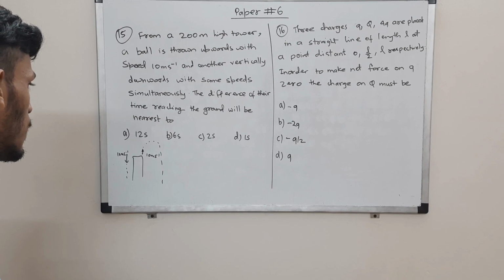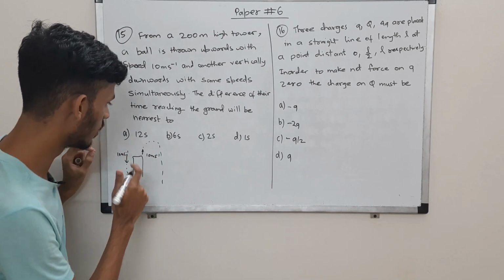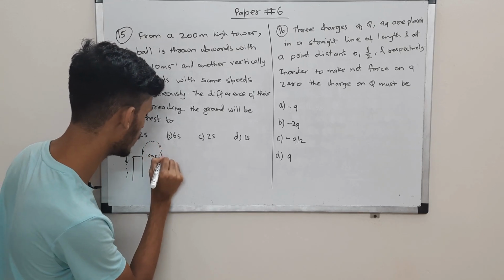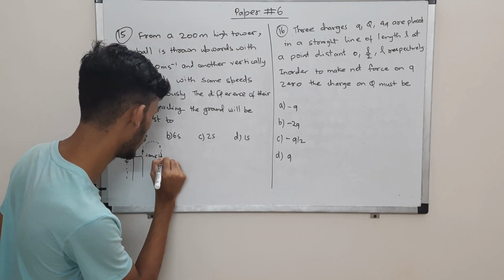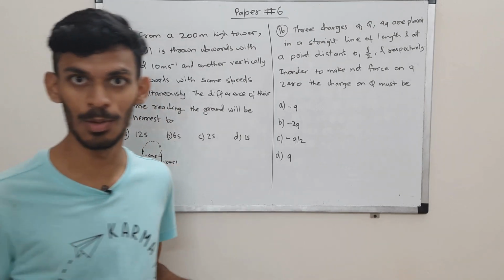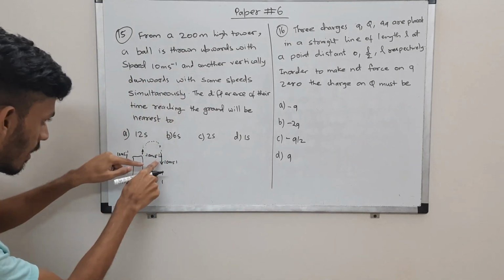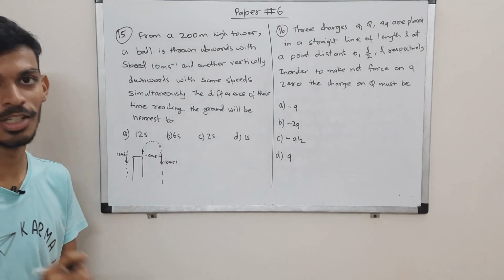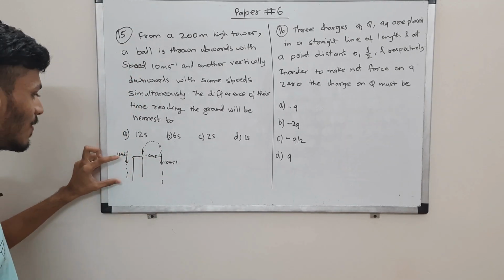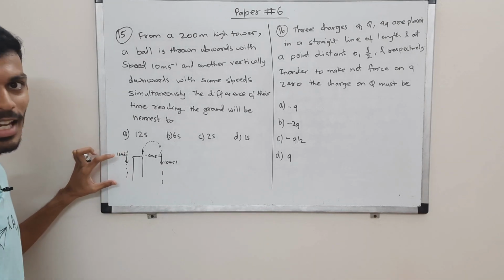First of all, you can split the journey of ball 1 into two parts. One when it goes up and comes down to the same level, and here the speed will be 10 meters per second in the downward direction. So the second part of the journey of ball 1 is identical to the journey of the second ball.